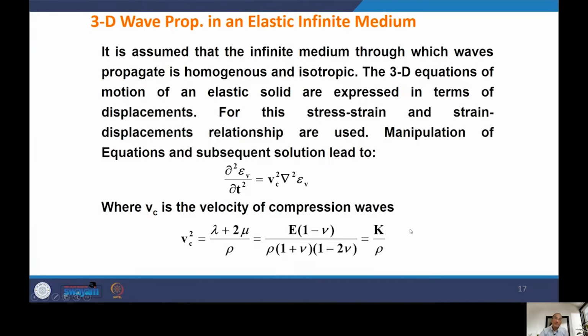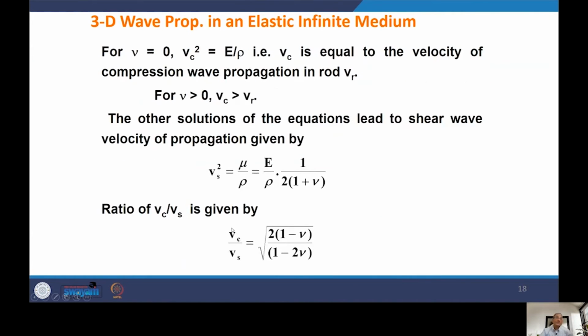Now, let's say if I put mu equal to 0 in this equation, what will happen? You will get E by rho. That means Vc square will be the same as the rod velocity Vr square. So we can deduce that for mu equal to 0, Vc square is equal to E by rho, that is, Vc is equal to the velocity of the compression wave in the rod.